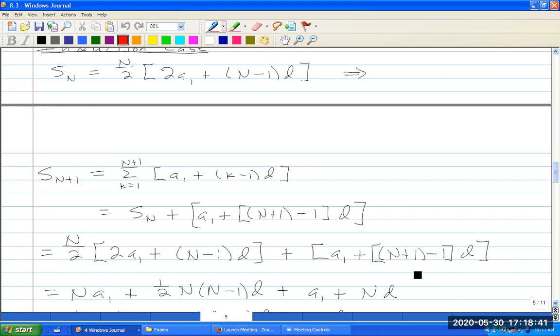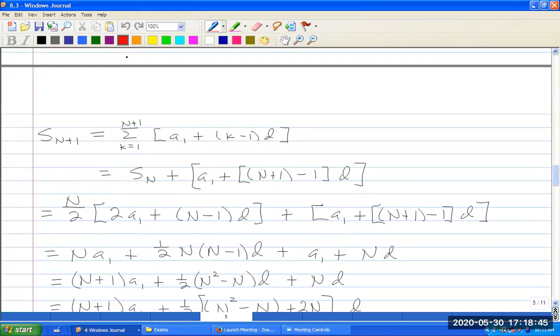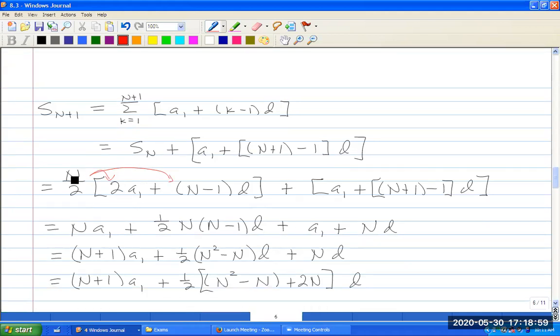Let's multiply n over 2 inside the parentheses. And so this is equal to, well, the 2's cancel, so it's n times a sub 1 plus 1/2 n times n minus 1 times d, plus this last term.